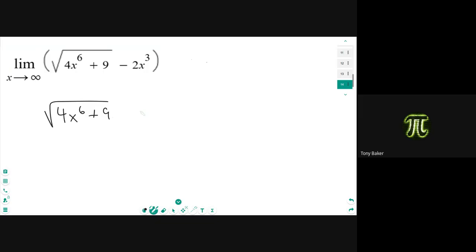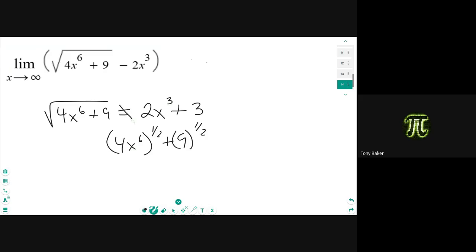You're going to want to do this. So it'd be like 2x to the third plus 9 to the 1/2, or in this case, 3. Because that would be 4x to the 6 to the 1/2 plus 9 to the 1/2. Okay?